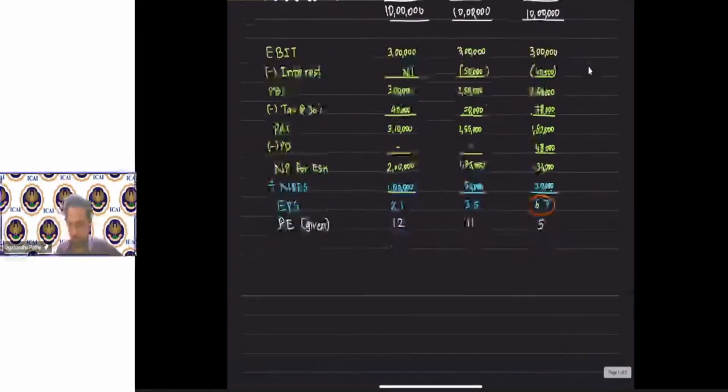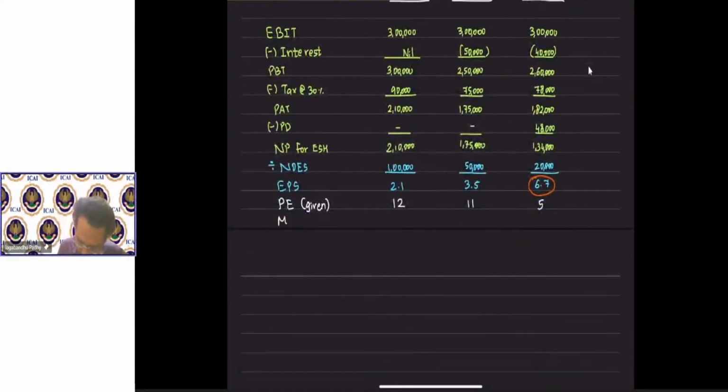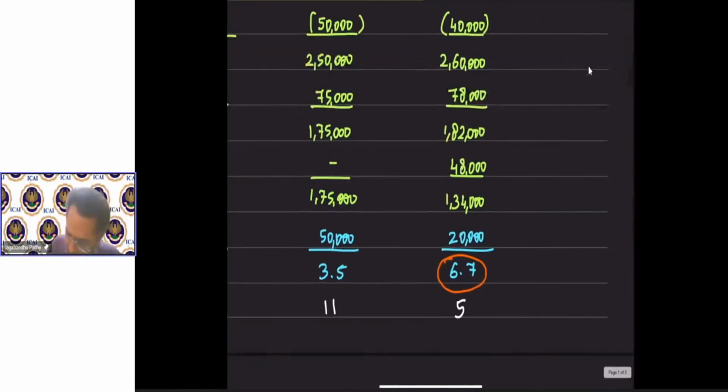And if we compute the MPS, market price per share, I hope you recall this formula of PE. So PE was market price per share upon earnings per share. Therefore, market price per share will be PE multiplied by EPS, right?